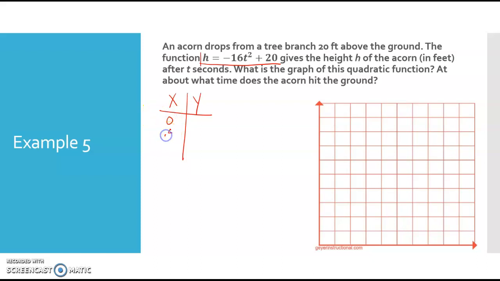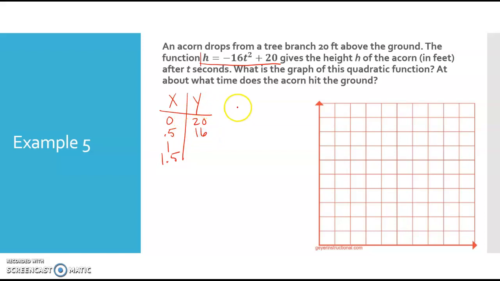So 0, 0.5, 1, and 1.5. Okay, and so then I plug in 0 into this equation. You can use your calculator, and when I plug this in, I get 20. Notice that's what C is. So when we plug in 0, we're left with C. C was going to be our y-intercept. I didn't mention that in the last one. We plug in a half, and we end up with 16.